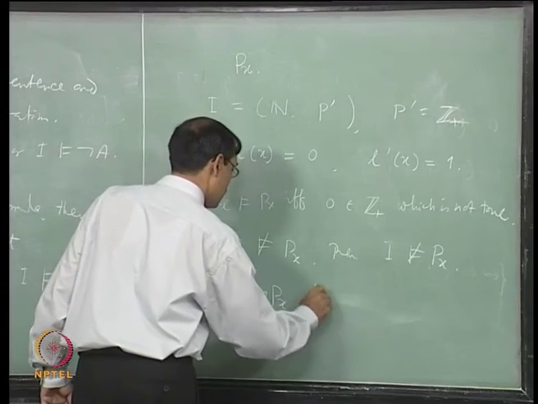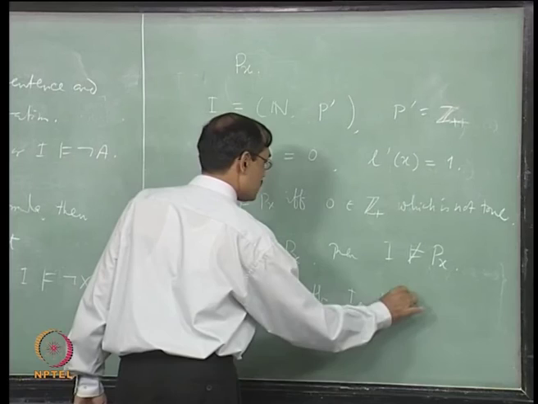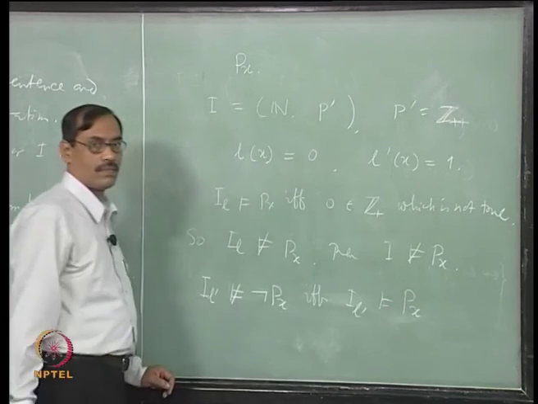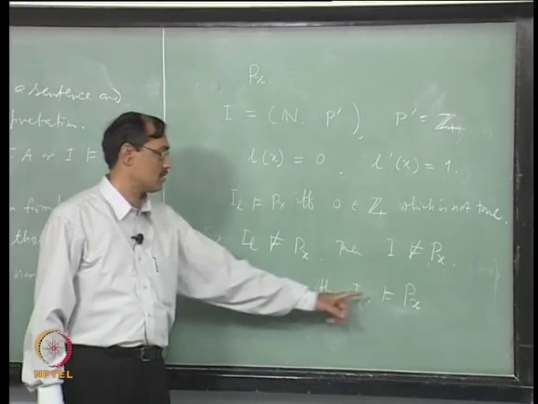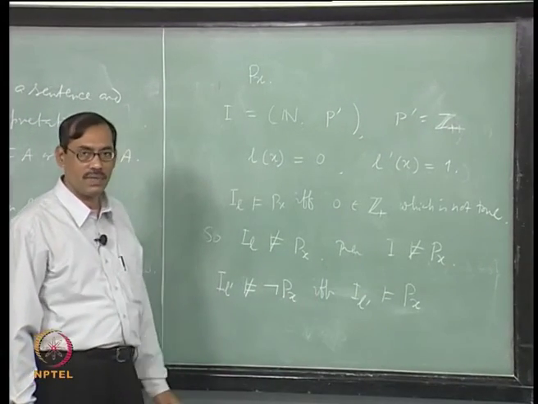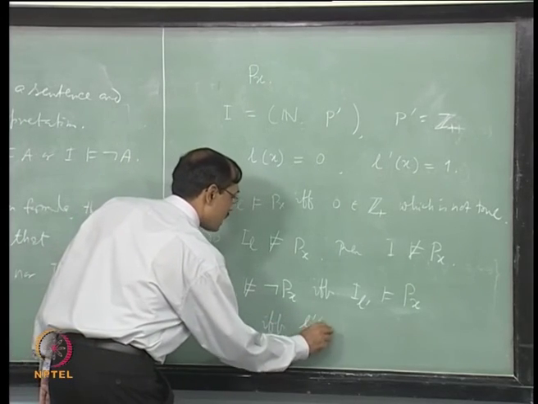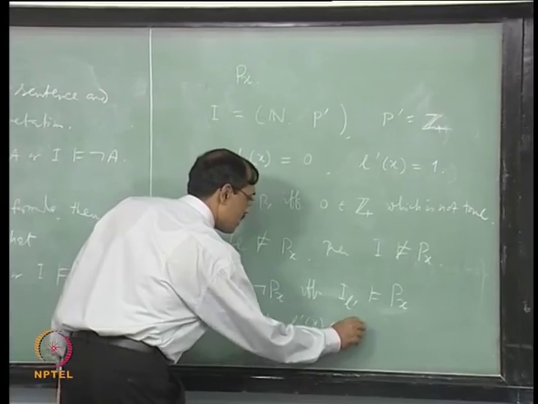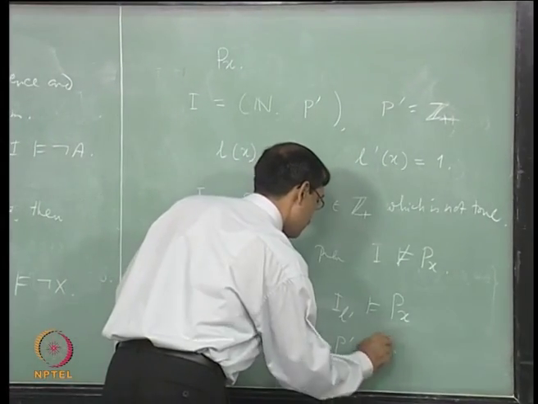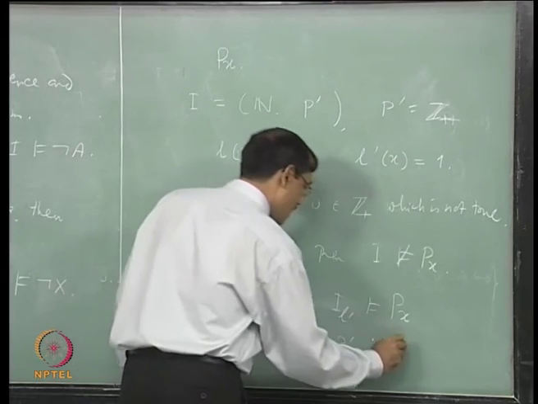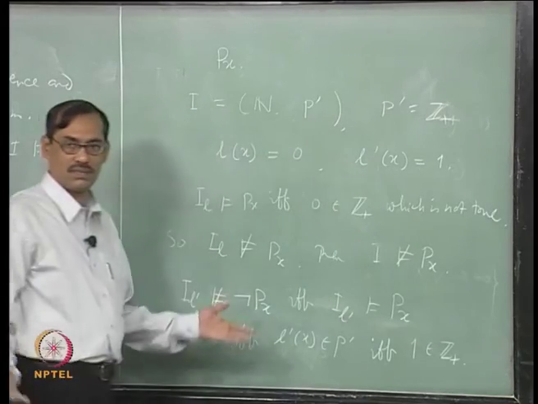This happens if I L prime satisfies P x, and this happens if and only if L prime of x belongs to P prime, right. So, L prime of x equal to 1, and 1 belongs to Z plus, which is true.